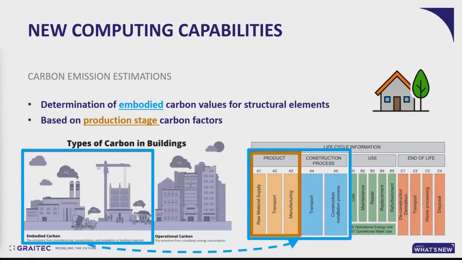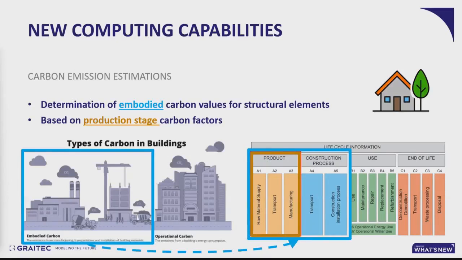So we can say that the embodied carbon emissions is related to the production process and to the construction process, and about 90% of emissions from that part is from the production stage, so from modules A1 to A3 of the building's life cycle.